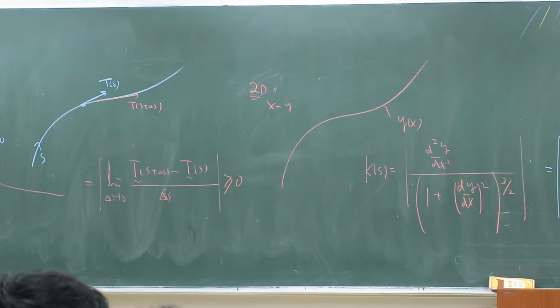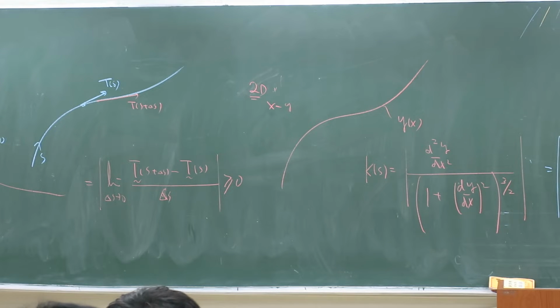If y prime is much smaller than 1, then y prime squared is close to 0, small. So this will be approximately y double prime. That's why for small dy/dx, your curvature is close to y double prime.